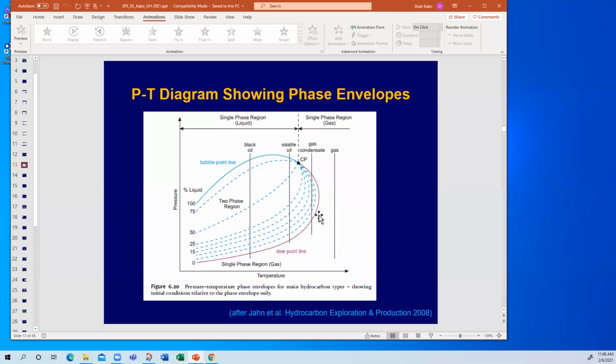But generally speaking, even dry gas, as I said, would have some liquids in it, because if you intersect with this in the whole system, from reservoir to wellbore to surface network, it'll have some liquid in it.